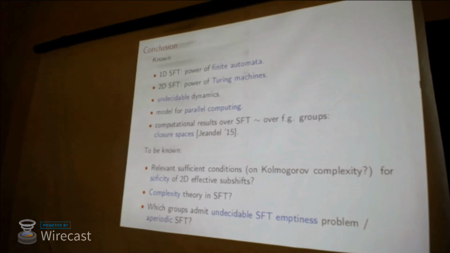And Jean-Del has proved also that if the group does not have a decidable word problem, then you don't have an aperiodic subshift of finite type, which is also a strange result, because you have a hypothesis from computability theory, and you have a conclusion about something very natural to define in dynamics. So this is a way to see that dynamics and computation are pretty much intricate in general.